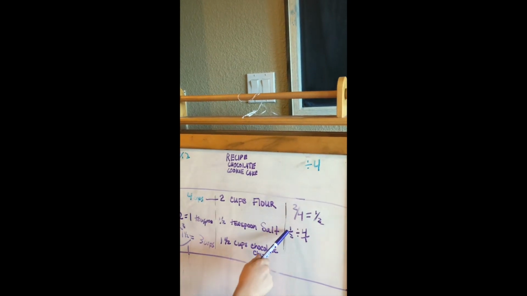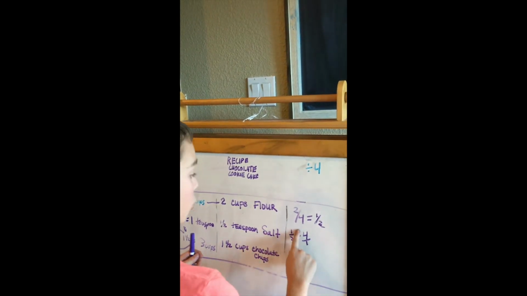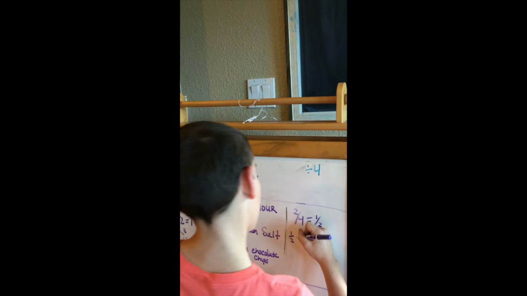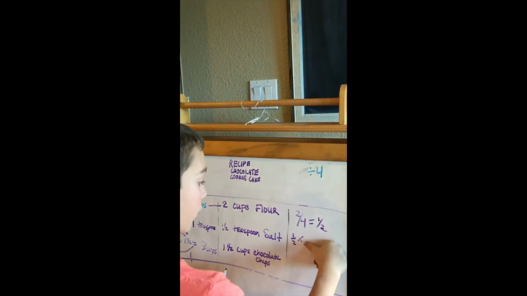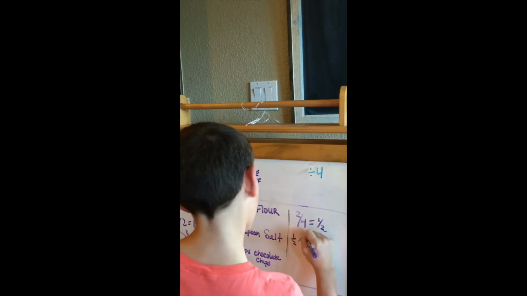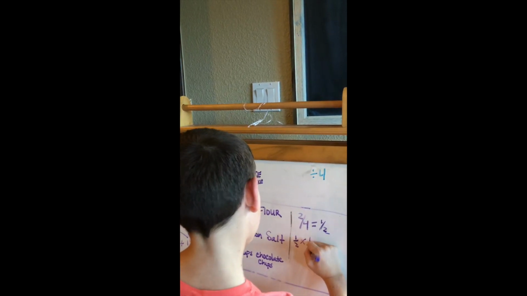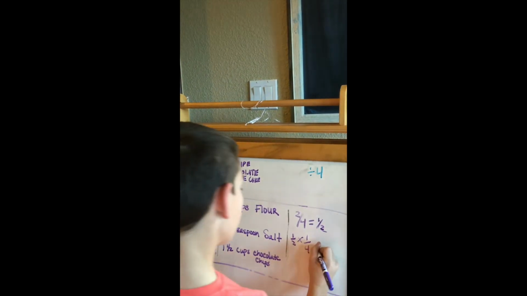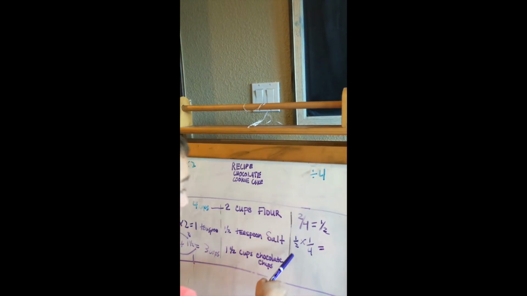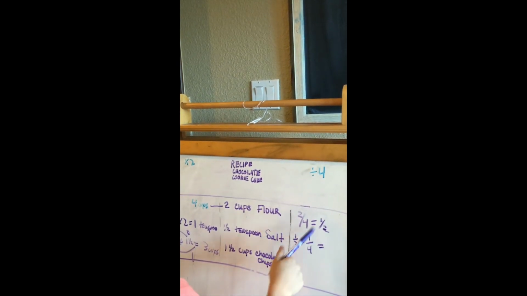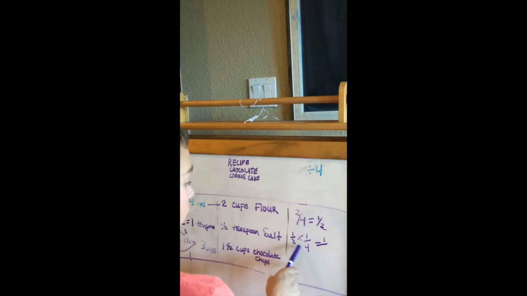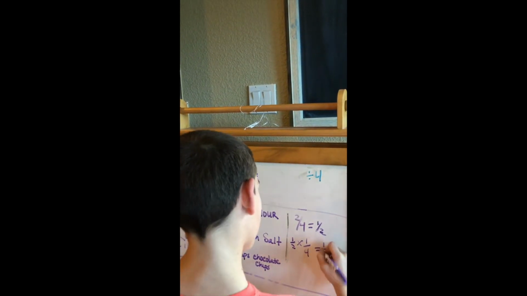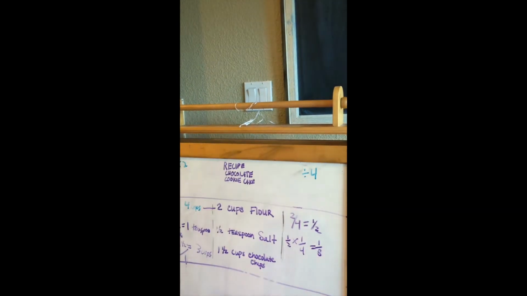You keep the 1/2, you change the division to a multiplication, and then you flip the 4 to 1/4, and that makes division a lot easier. So you can do 1 times 1 equals 1, and 2 times 4 equals 8.